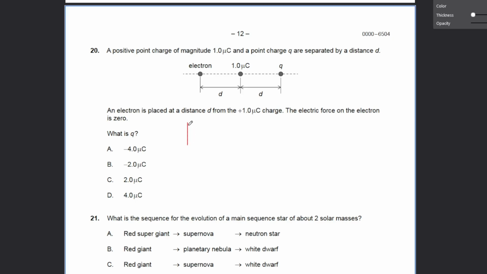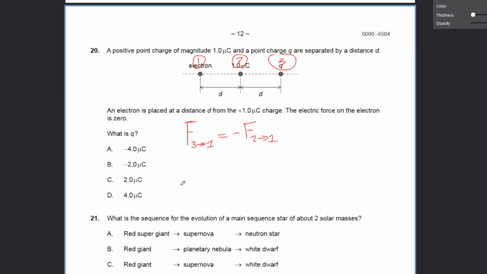Let me label these. We'll call this 1, we'll call this 2, we'll call this 3, just to make it a bit easier. We can say that the force by 3 on 1 is equal to the negative of the force of 2 on 1. Hopefully that makes sense, my notation here.